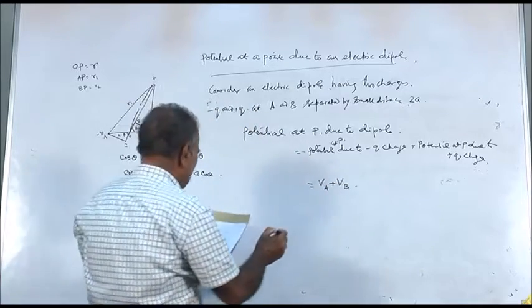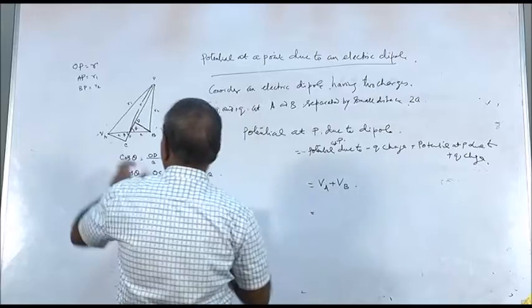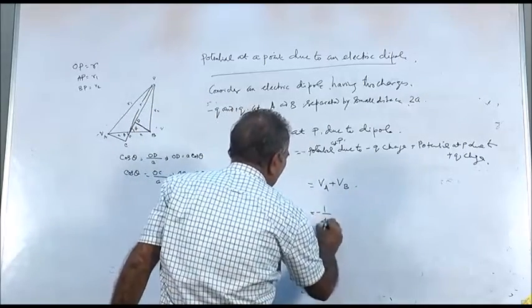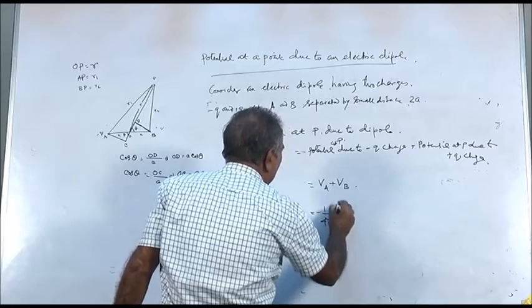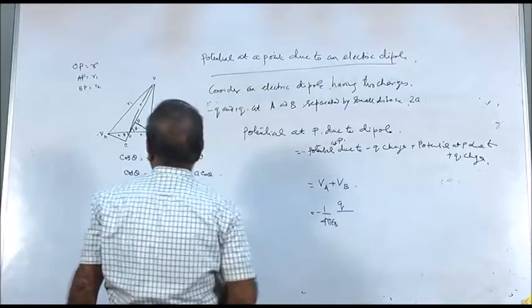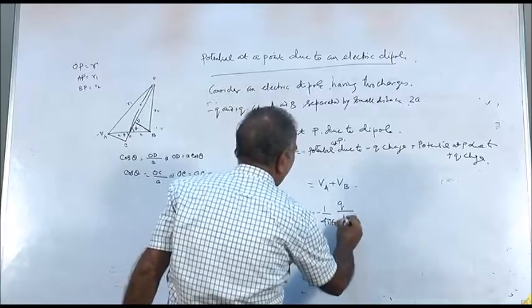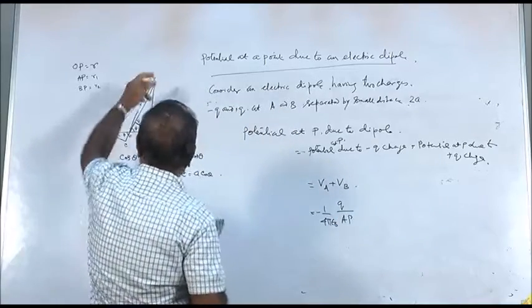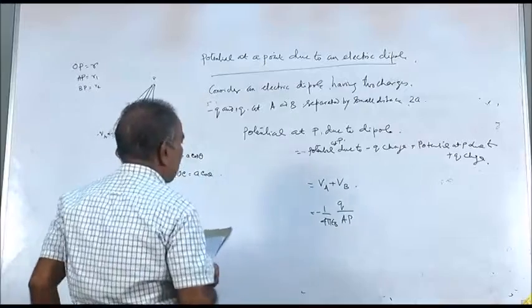Here this is the minus charge, so the potential here will be minus 1 by 4 pi epsilon 0 q divided by A P. The distance between this charge and this point is A P, that is R 1.